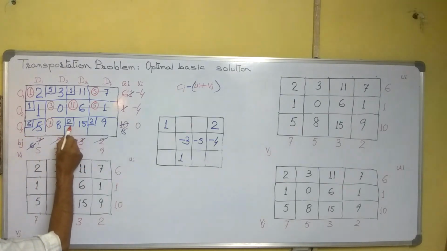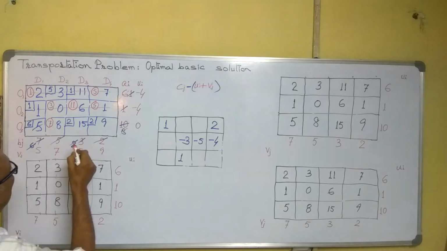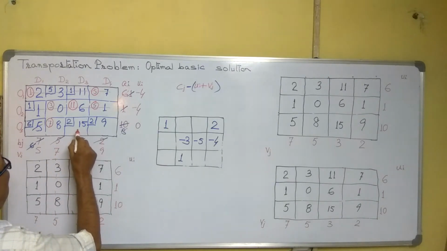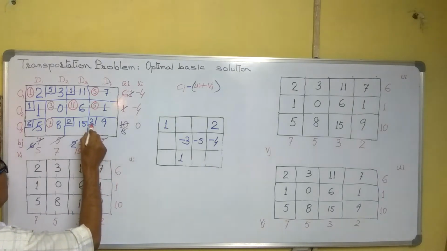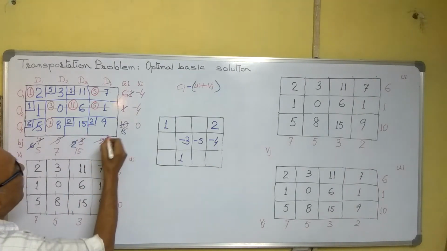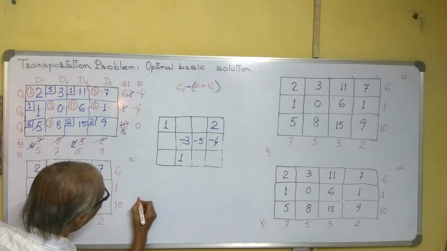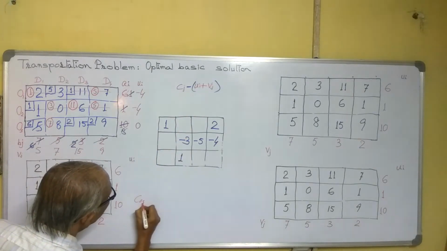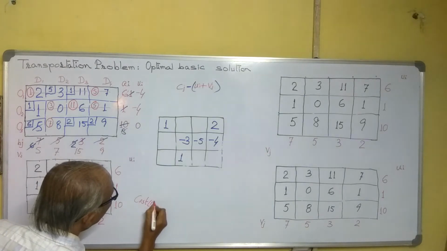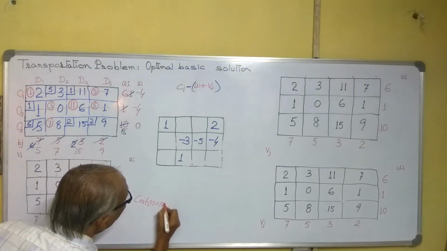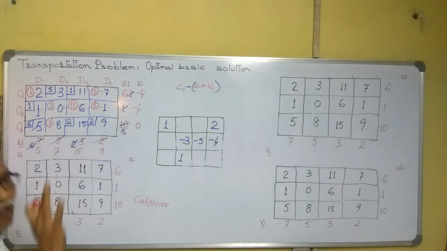Then 15 into 2, 30. 57 and 30 is 87. 9 into 2, 18, 105. So total cost for the first case equals 105. It is not required, but do it.